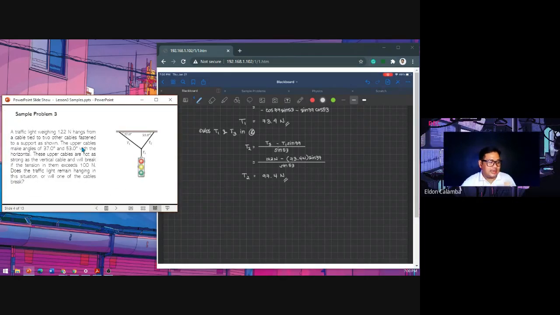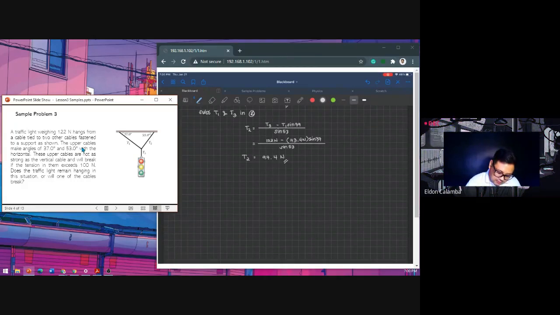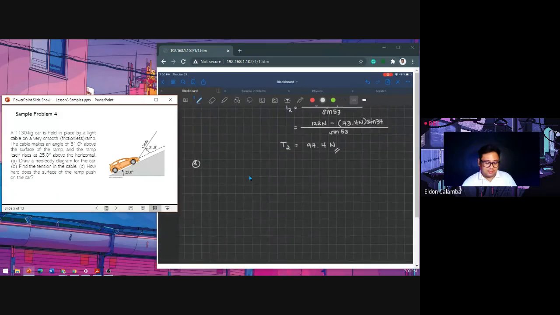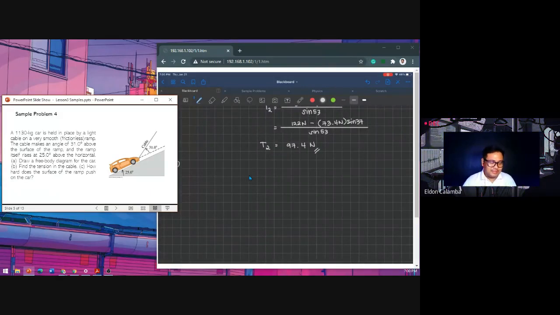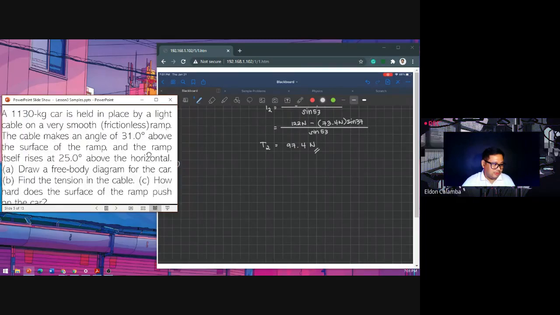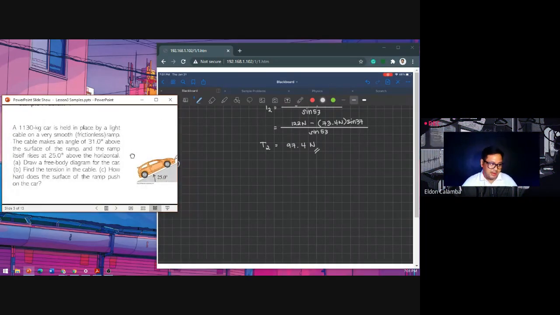Okay. Let's have example number 4. This is kind of familiar for some people here. A 1,130 kilogram car is held in place by a light cable on a very smooth frictionless ramp.